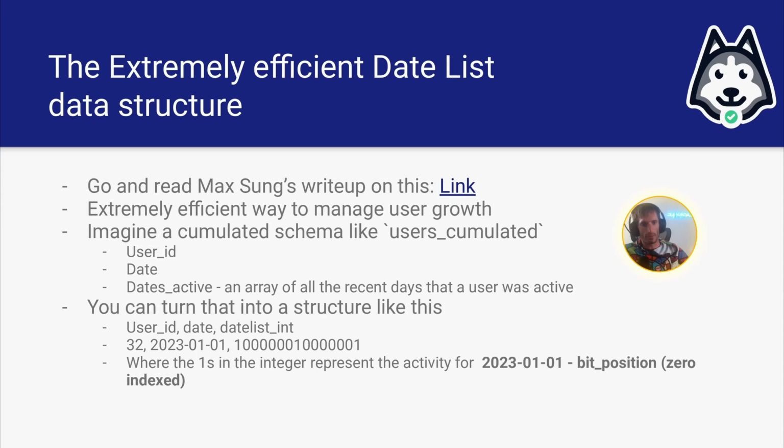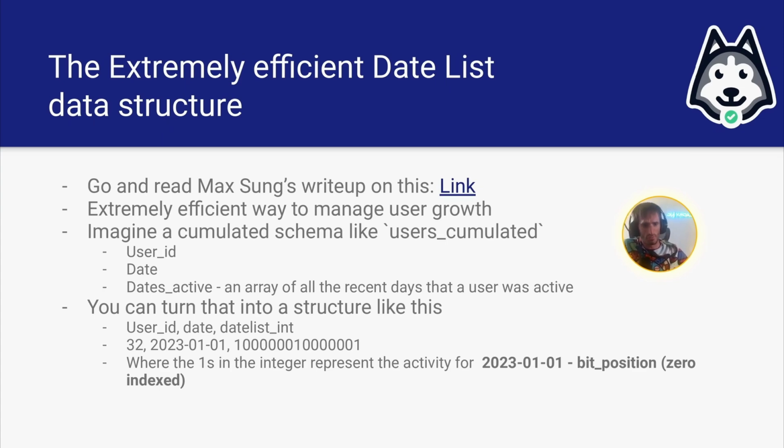That can be a very powerful way to store this data, because now you can store 30 days of history as an integer data type, and if it's an integer data type, you get very good compression.